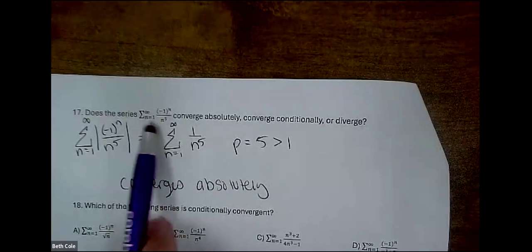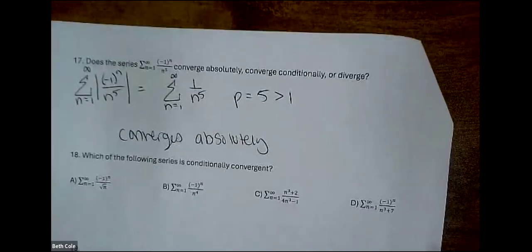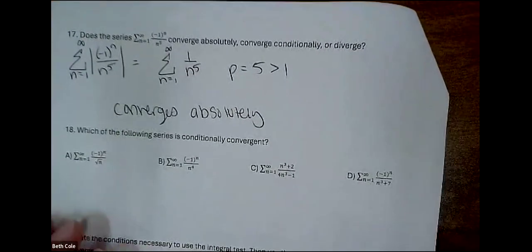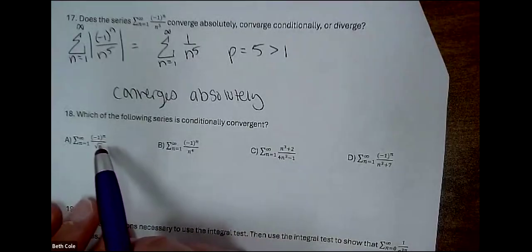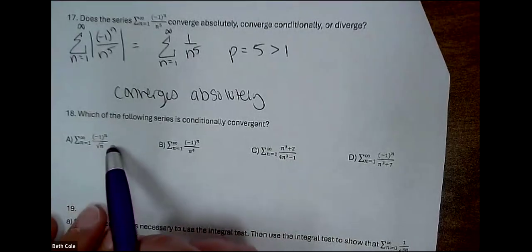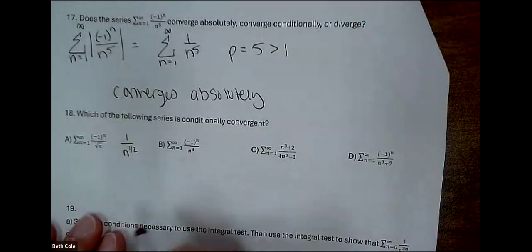If you get that the absolute value diverges, then you look at the series itself. If that converges, then it would be converges conditionally, which is actually what we're going to look at for this one. Which of the following is conditionally convergent? So if you did the absolute value of this, you would get 1 over square root of n, which is n to the 1/2.